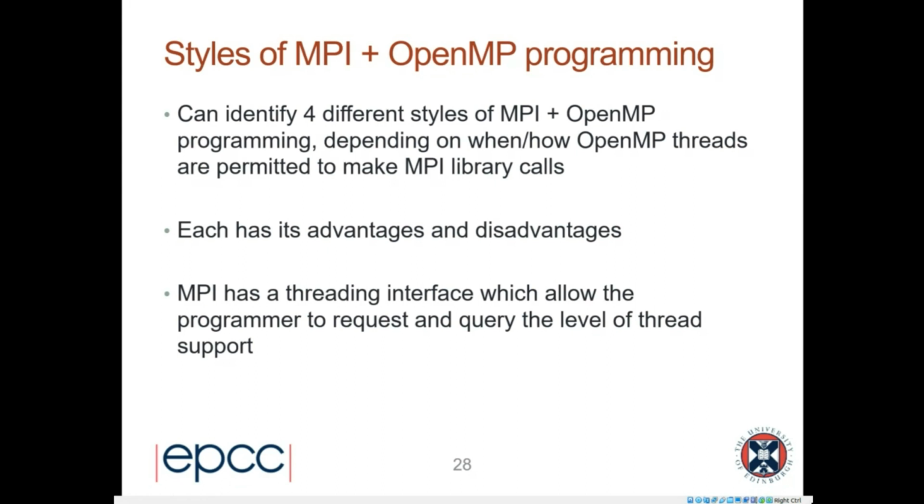But we can identify 4 different styles of MPI plus OpenMP programming, depending on when the OpenMP threads are permitted to make MPI calls. And actually, one of the extensions to MPI to allow you to safely do hybrid MPI OpenMP programming is that MPI has a threading interface. So when you initialize MPI, you can say, okay, I am going to be doing this level of threading, I want you to cope with that.